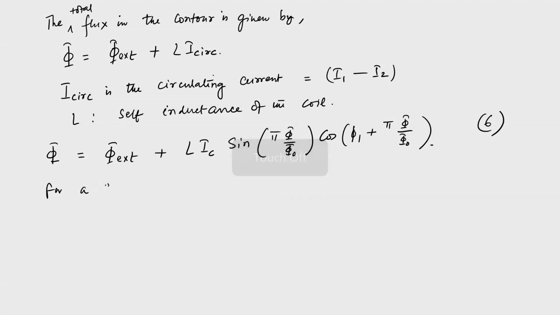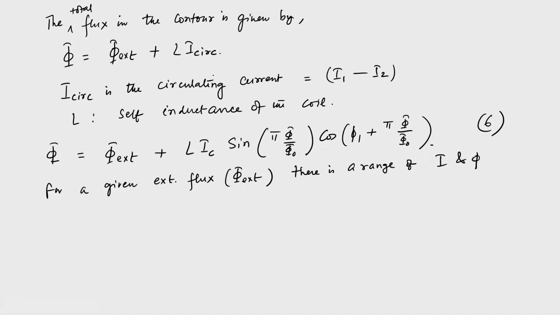So, for a given external flux, which is phi x, the first term on the right, there is a range of I and phi that satisfy equations 5 and 6.